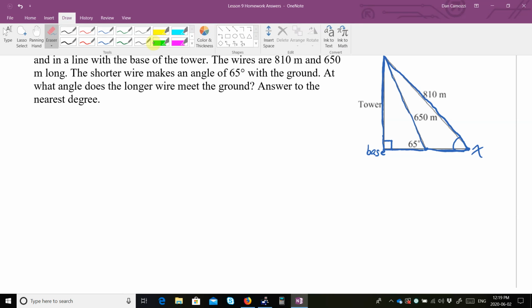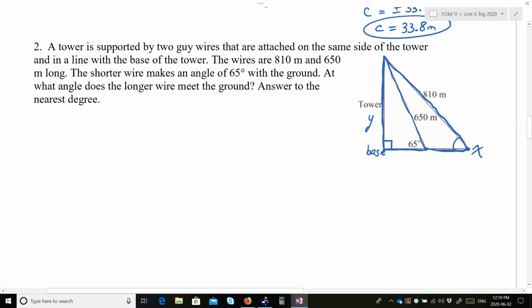So let's first of all figure out what y is. In this 90-degree triangle, I can use the 65 degrees. Across from it is the opposite. Across from the 90 is the hypotenuse, this one here. Opposite and hypotenuse comes from sine, so I'm going to go sine of 65 degrees equals y divided by 650, and then multiply both sides by 650.